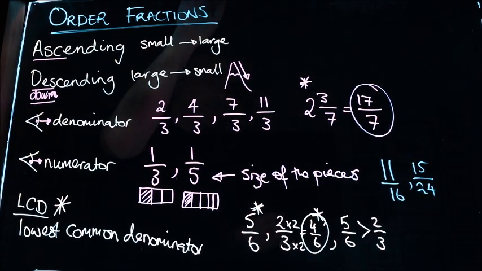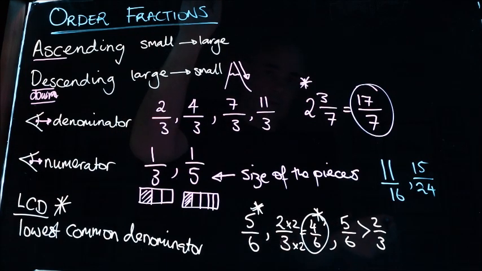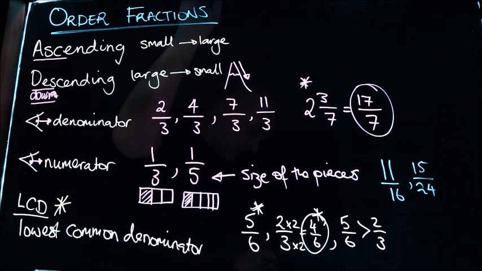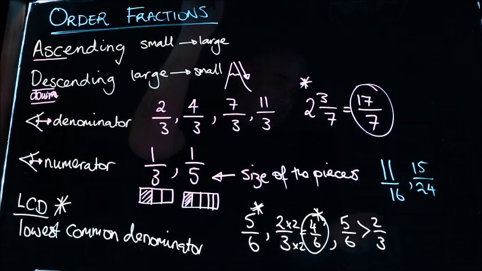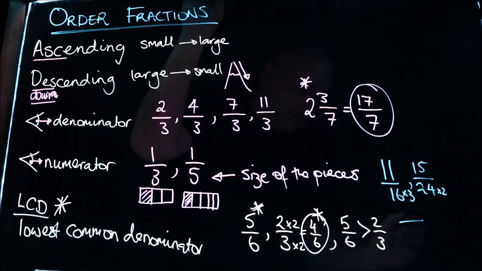Okay, we need to look at the denominators and look for a common denominator here, and one way we can do it, we can work this out in our head. We can say that 24 times 2 is 48, and 16 times 3 is 48. In this example, we're going to have a common denominator of 48, so I can set that up down below.